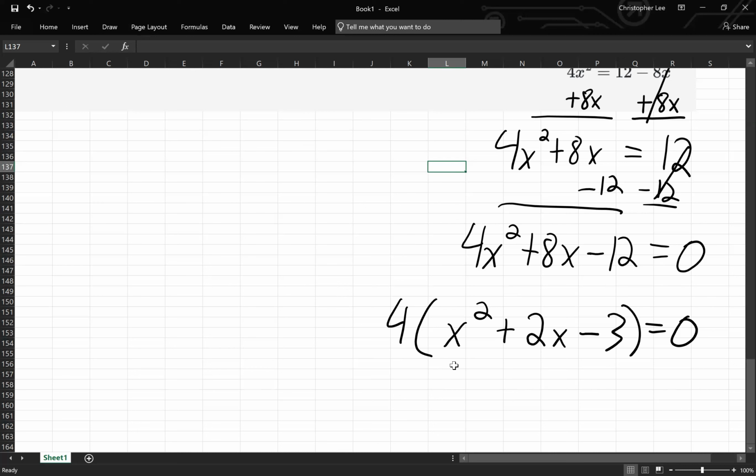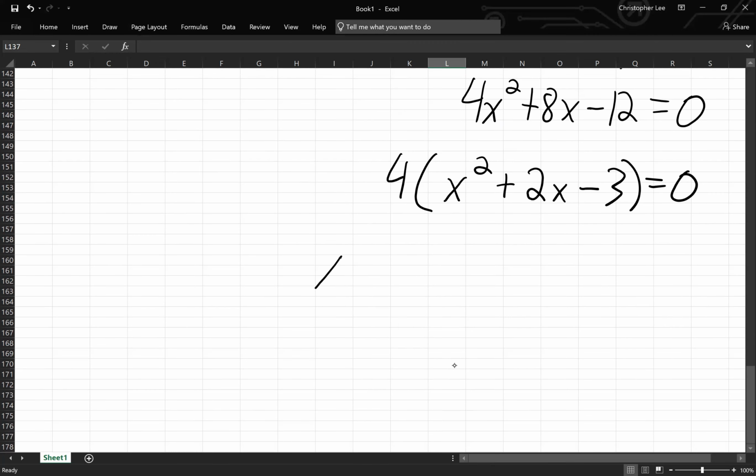All answers are right here. Okay. So you want to do completing the square? All right. So we're completing the square. I got x squared plus 2x minus 3 is equal to 0.